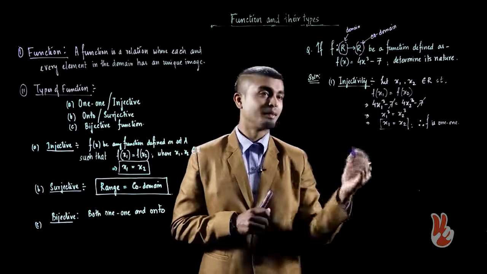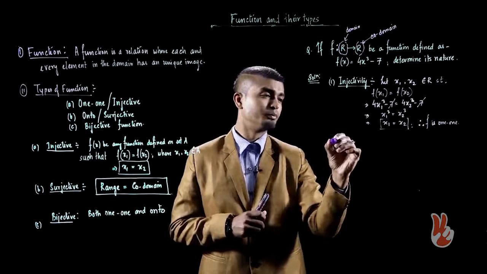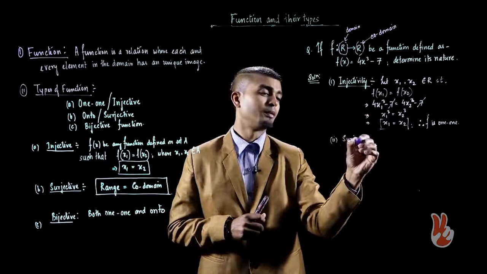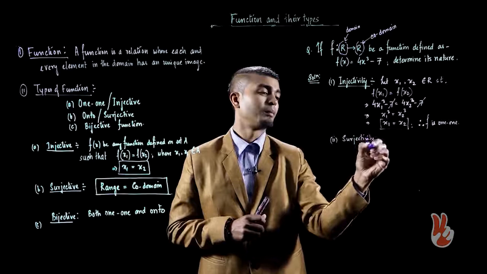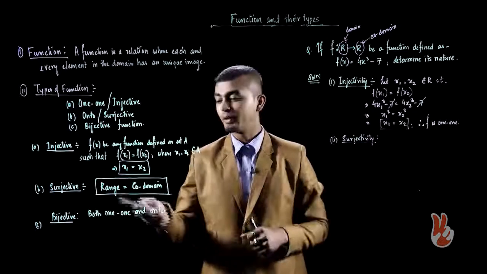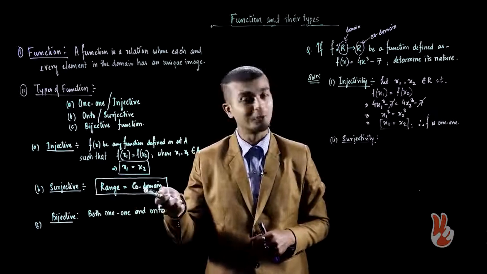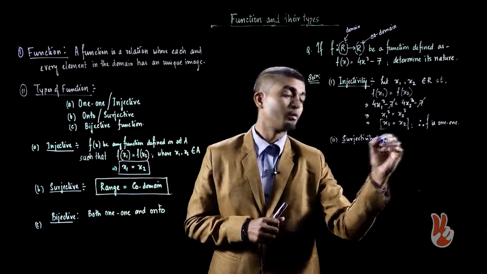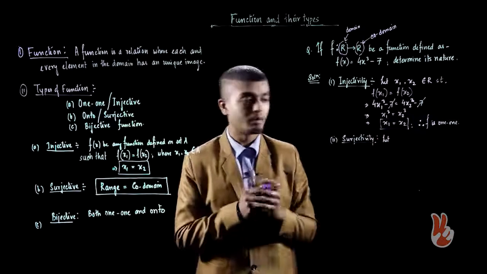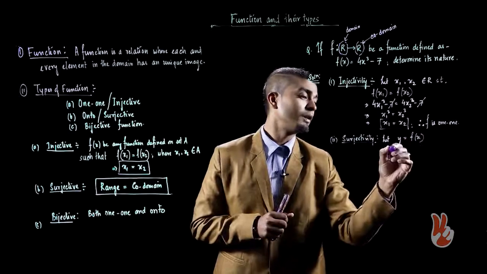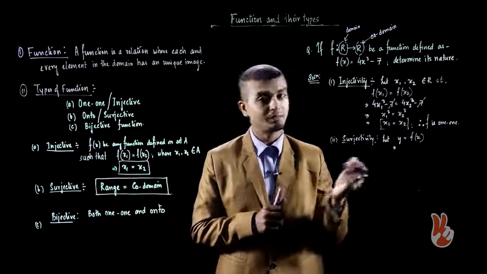Clear? Now, number 2 is your surjectivity. For this we have to cross check whether the range is equal to the codomain. For that we have some procedural steps that you have to remember. You will consider let y equal to f(x), you will give a symbol to the function, let it be y.